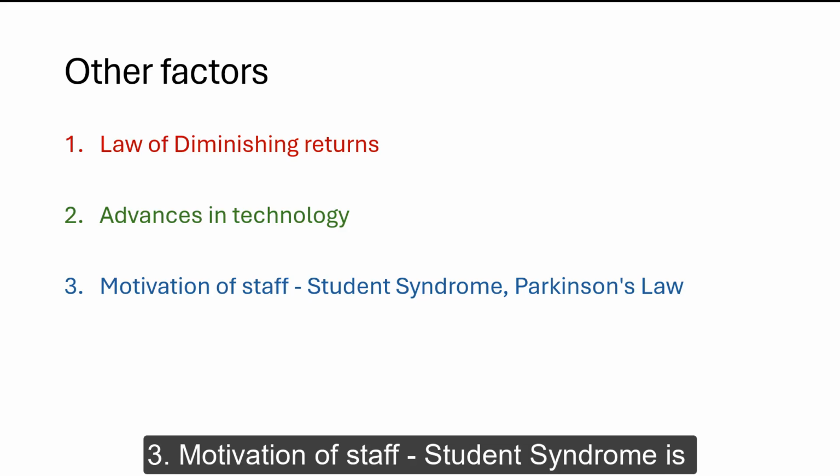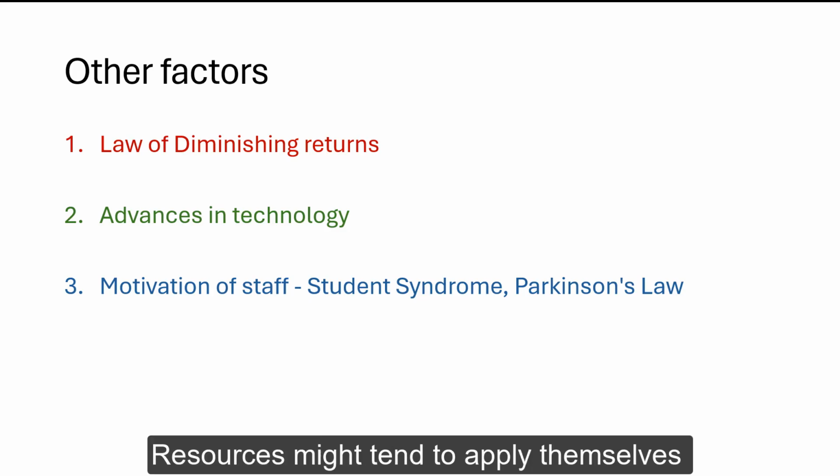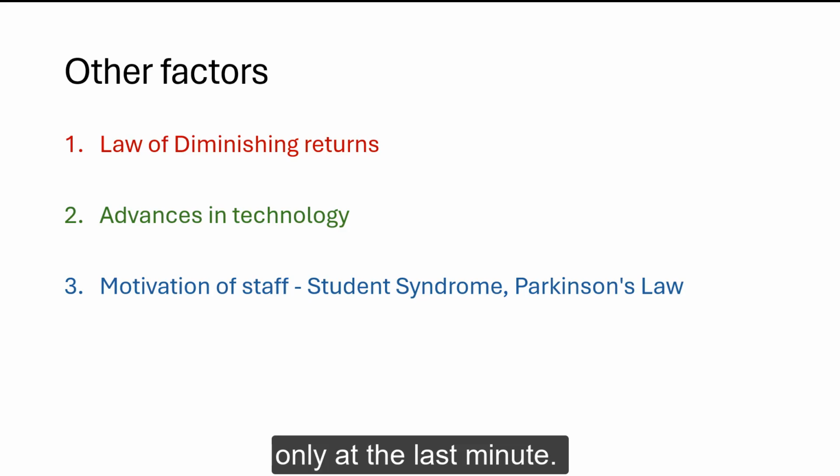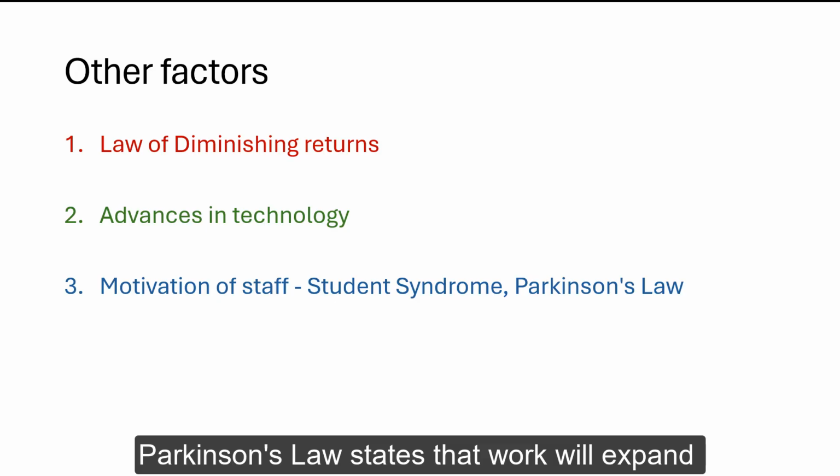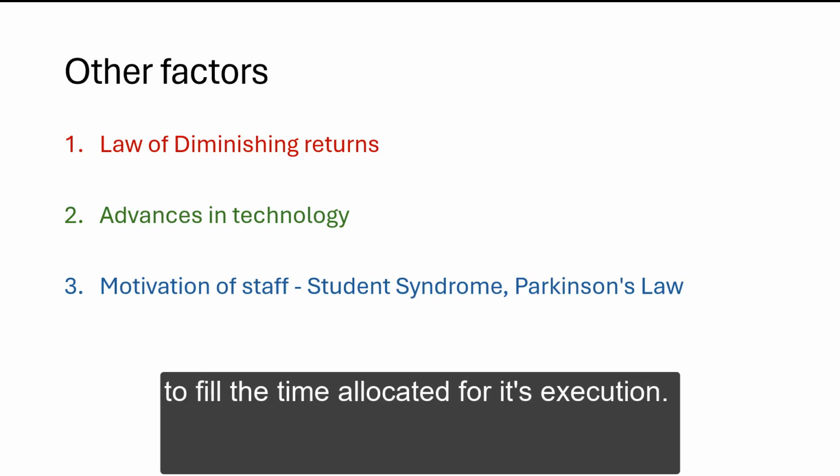Third is the motivation of staff. Student syndrome, as it is called, is nothing but procrastination. Your resources might tend to apply themselves only at the last minute, and you should be very wary of that. Parkinson's law states that work will expand to fill the time allocated for its execution. If you give an activity 1 week, it will take 1 week.